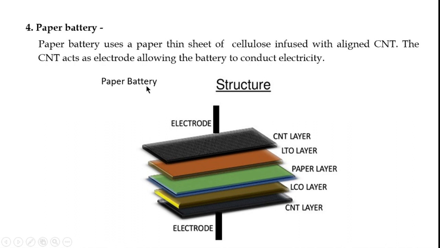So these electrodes allow the battery to conduct electricity, and here is the structure for this paper battery. So here is this paper layer. These are the conducting oxide layers LTO and LCO, and then the carbon nanotube layer which acts as electrode. So this paper battery we can use to store energy, and it is also used to conduct electricity.